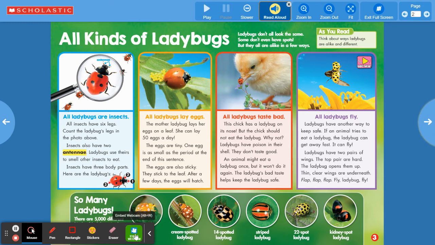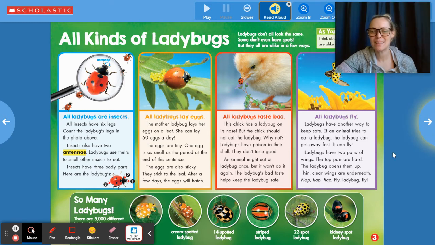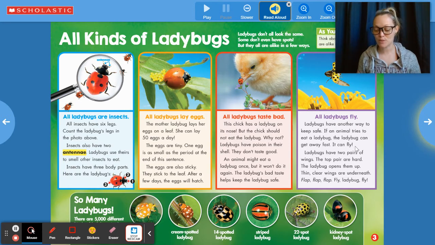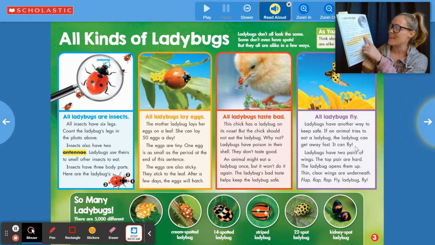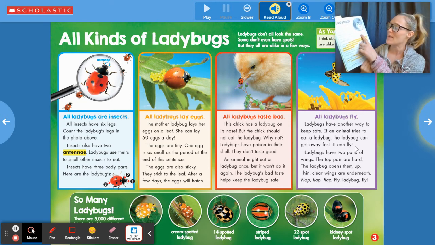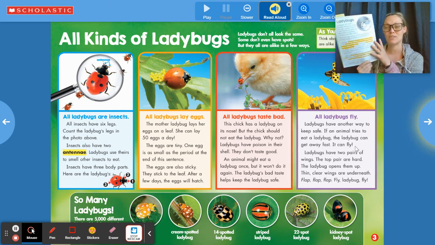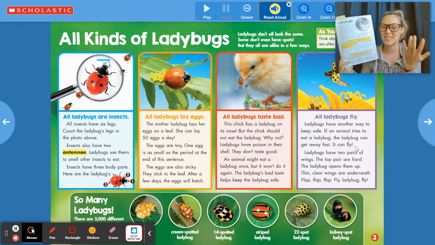All right. So in this section, it was all about ladybugs flying and how they had two sets of wings. And we actually learned that yesterday. We learned that they have the hard outer wings or the exoskeleton, and they protect a pair of softer wings underneath. So that was the same.